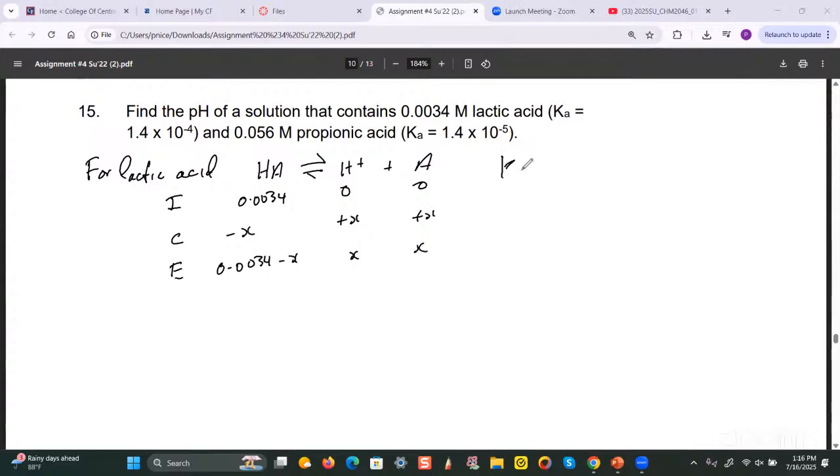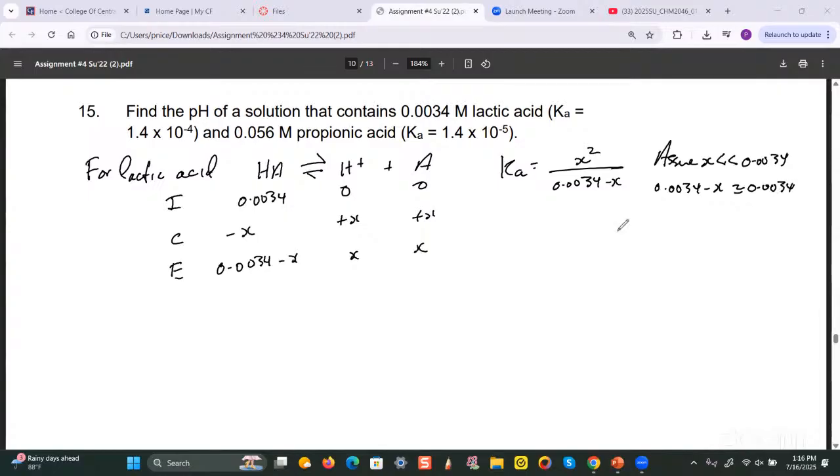Ka is going to be equal to X squared over 0.0034 minus X. And of course, we assume that X is much less than 0.0034. So that means that 0.0034 minus X is approximately equal to 0.0034.